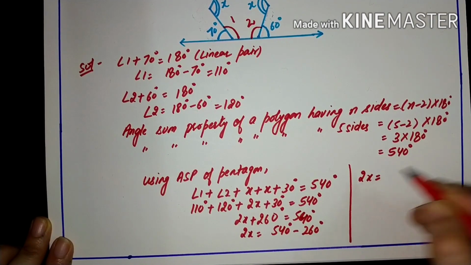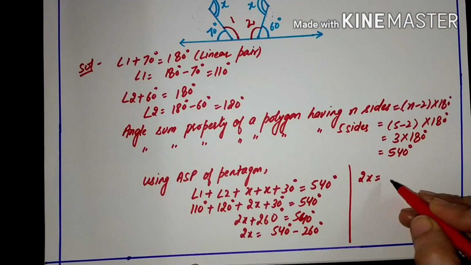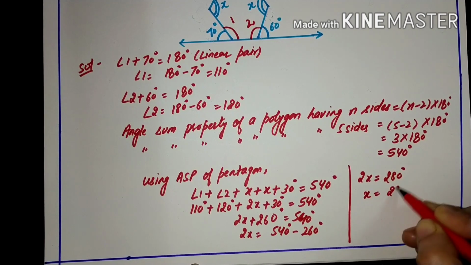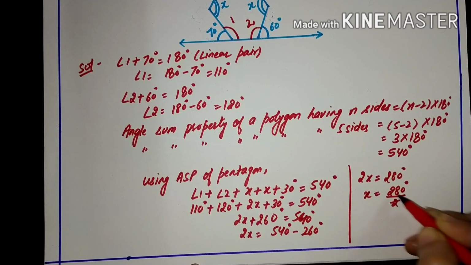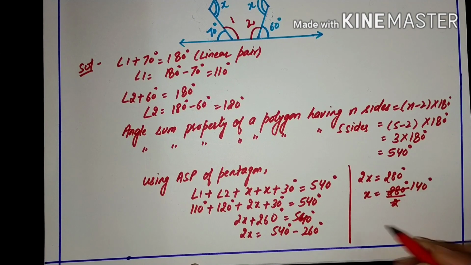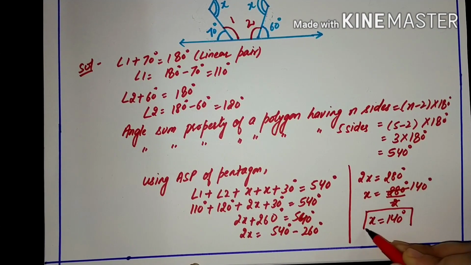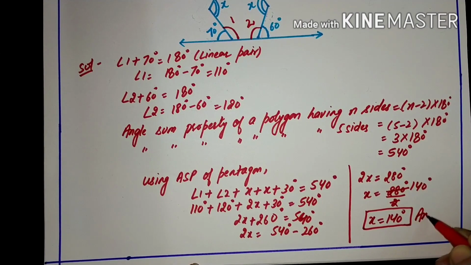So 2x is equal to 280 degrees. So x will be 280 degrees upon 2, that is 140 degrees. So we have got the value of x. What is that? 140 degrees. So this is your answer.